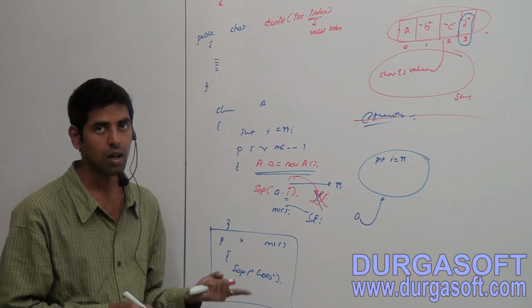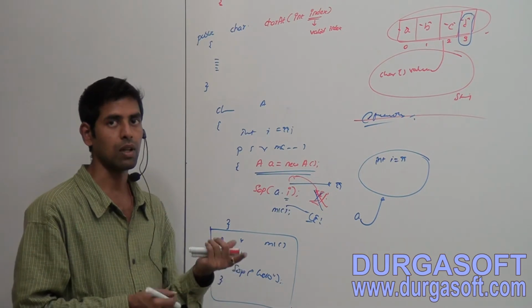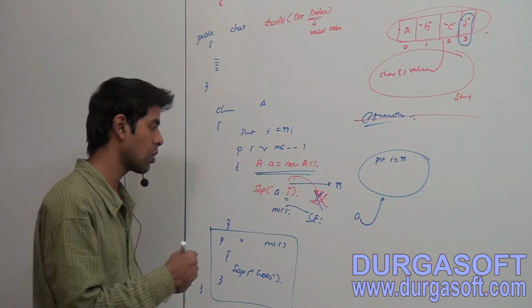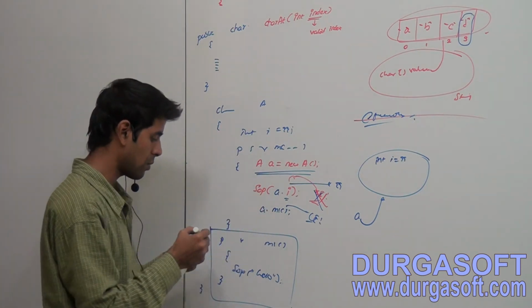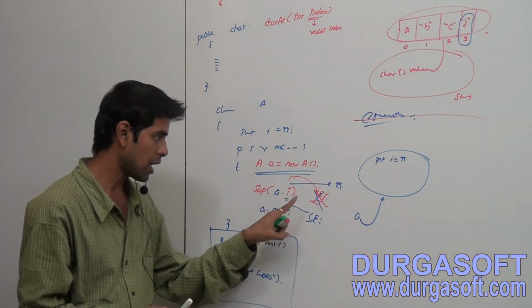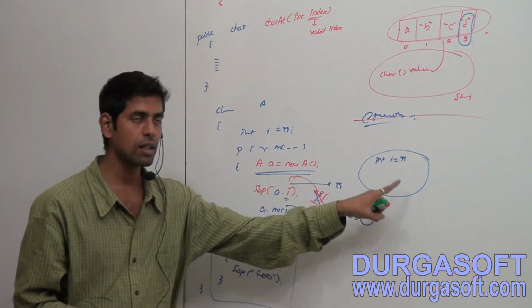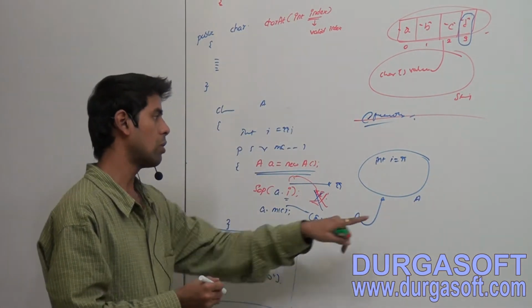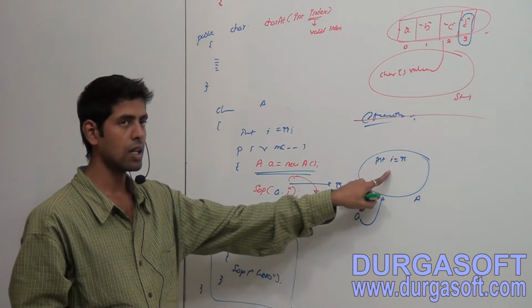Simple, we are all aware of that. Once again use the object reference variable. So a dot m1. Observe here a dot i, by using the dot operator I am accessing an object member. It is an object, I am accessing the object member a dot i.